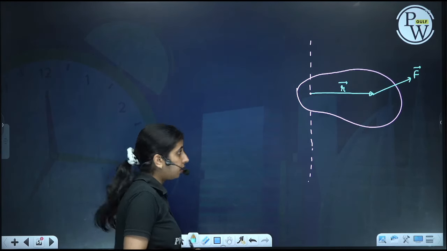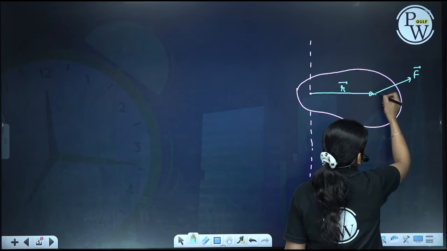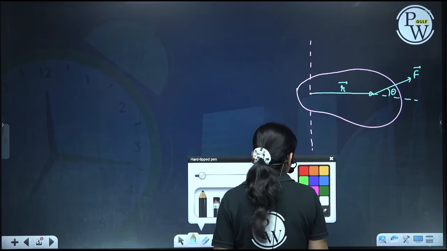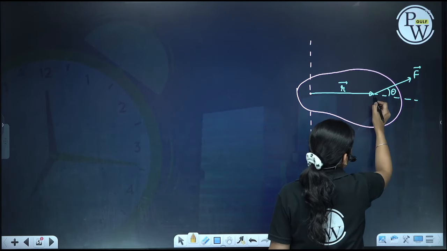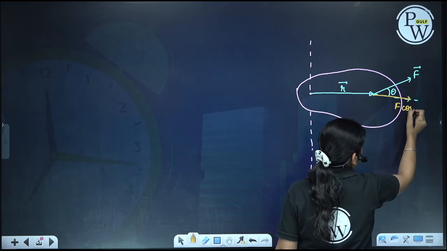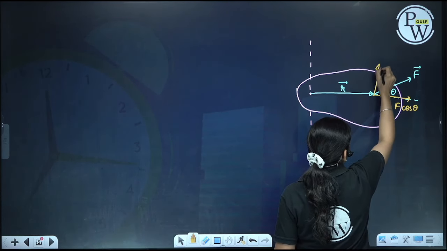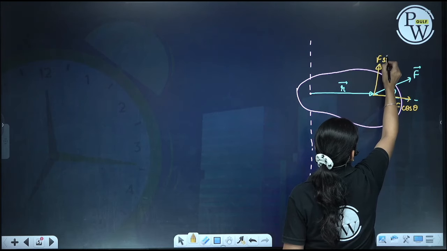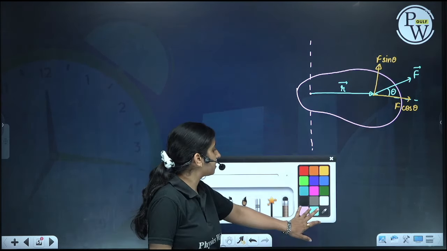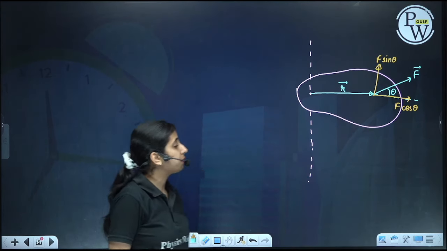We will get the R vector. Angle between them is theta. So there are two ways by which we can calculate torque. If we resolve F into two components, we will get F cos theta and F sin theta.